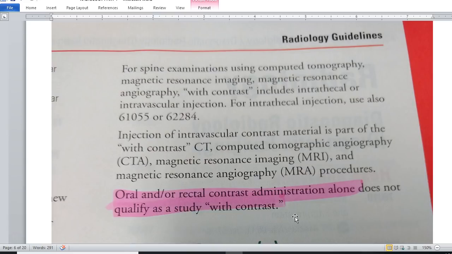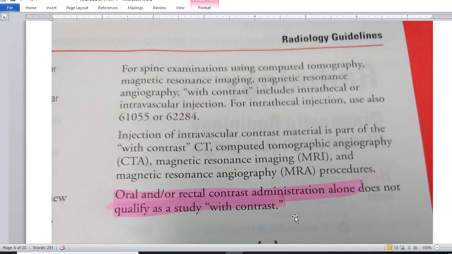So for instance, if someone is doing a CAT scan of the abdomen and the patient is drinking contrast, that's going to be a CT of the abdomen without contrast. Here's the thing though. When you inject contrast into a patient, it can take anywhere from an hour to 5 to 8 hours for that contrast to come out of the patient's body. So even though what's classic for providers to write is with and without contrast, so CT abdomen, with and without contrast, okay?